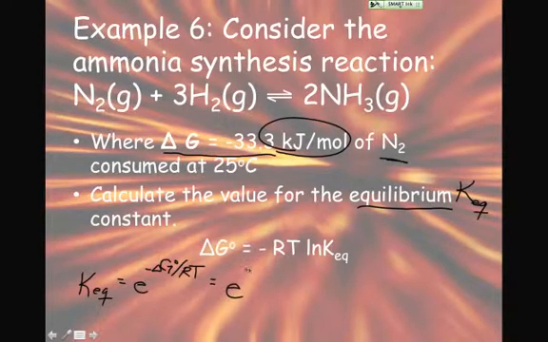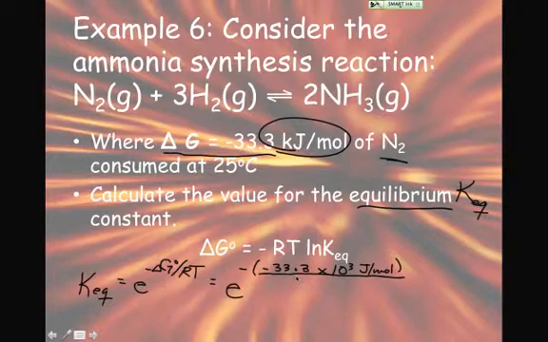So we take e raised to the power of negative delta G. So that's a negative 33.3 times 10 to the third joules per mole. There we go. We've changed kilojoules to joules because we multiplied by 1,000.